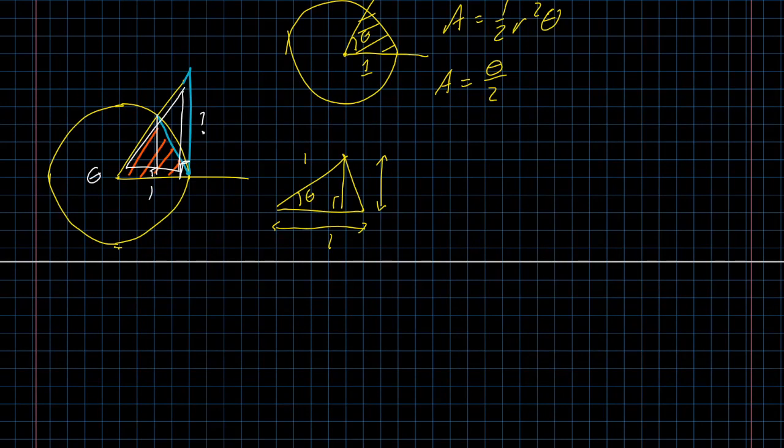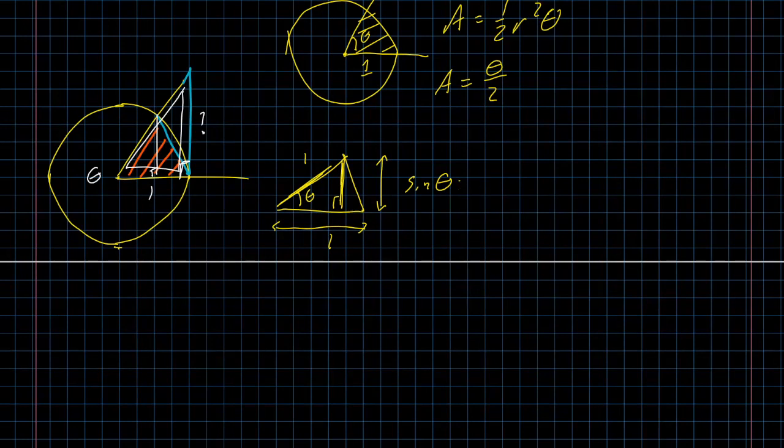Well, notice here that this is the side opposite the angle, and this is the hypotenuse of the angle. Opposite over hypotenuse is sine. So the height of this triangle is sine theta.